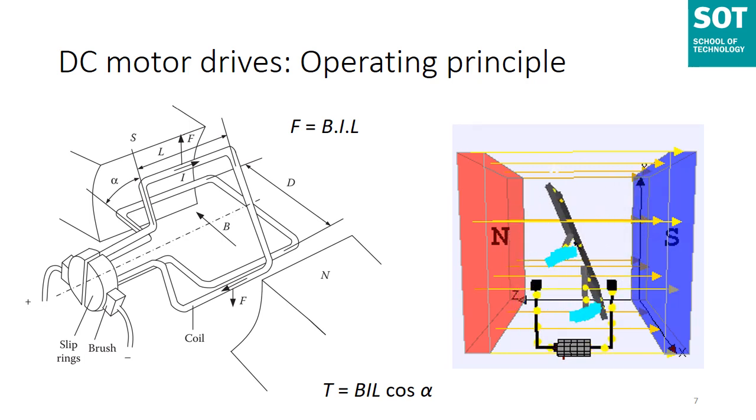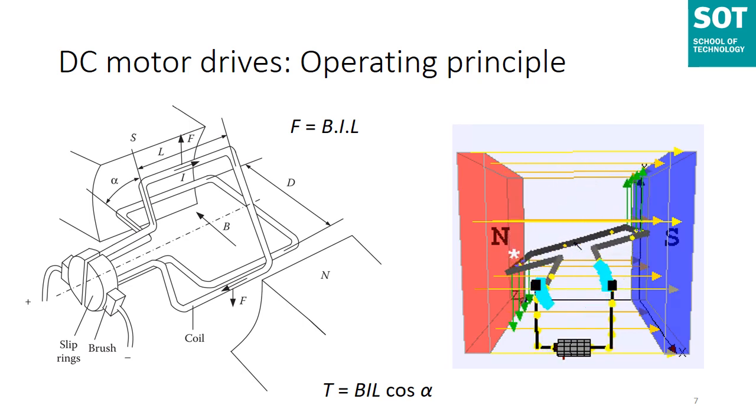This torque is expressed as T = B × I × L × cos(alpha), where B is the magnetic field density, I is the magnitude of electric current, L is the length of the wire coil, and alpha is the angle between the plane of the coil and the magnetic field, as is clearly represented on the left side of the figure.